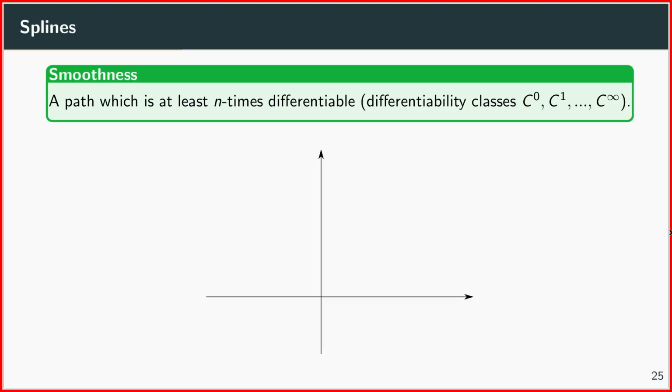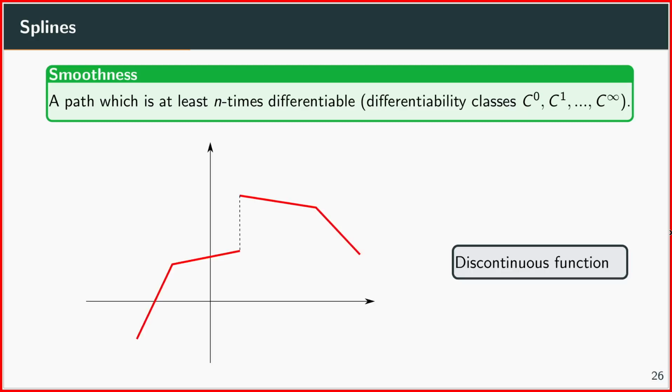So smoothness is basically something which we define as that the path is at least n times differentiable. So we basically have for smoothness different differentiability classes, which we call C0, C1, all the way up to C infinity. And the higher a motion is in one of those classes, the smoother it is.